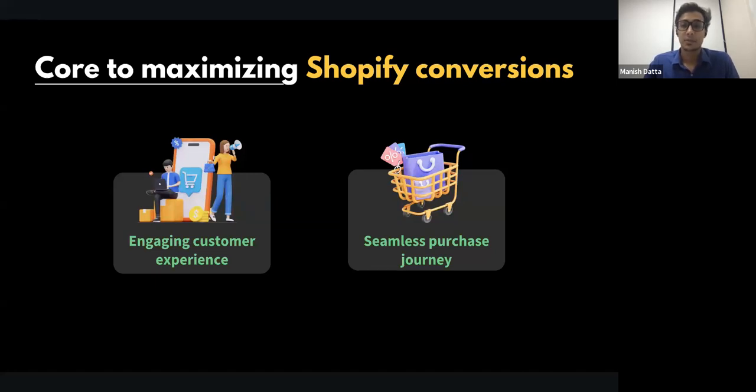So this is exactly what we can do today with the power of AI. AI helps you build a digital twin of your best salesperson, of your best customer support executive, and can position that person right next to each and every one of your buyers. And that is what we feel is the key to maximize your Shopify buyer conversion.